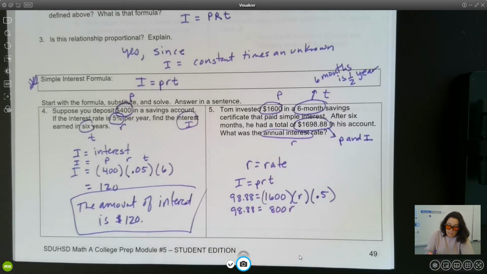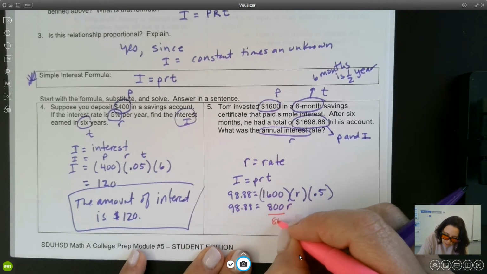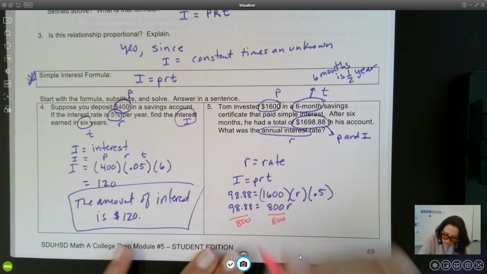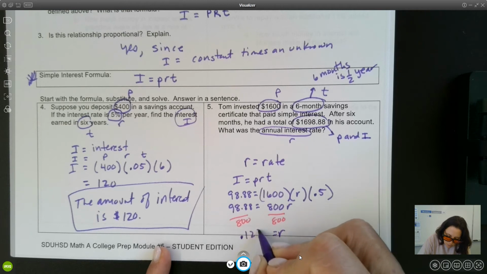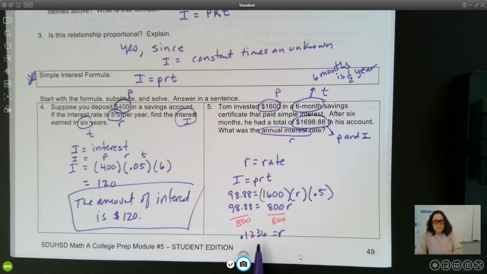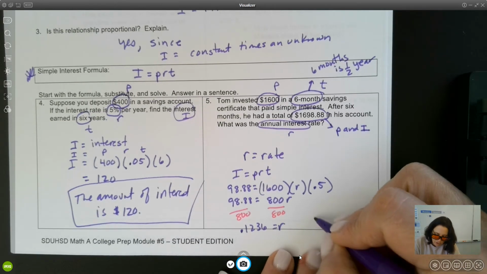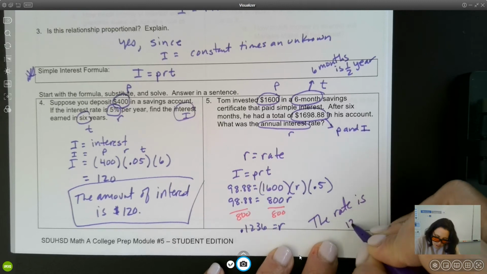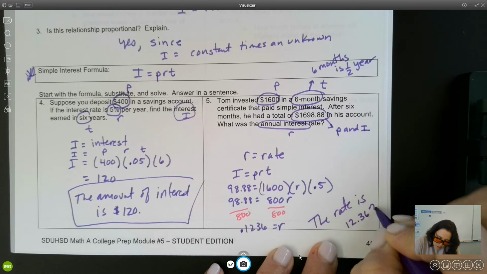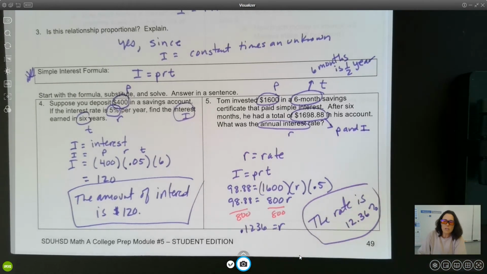And then I divide by the 800 to get the R by itself. 0.1236. Okay, so that's the rate as a decimal, but we want to give it as a percent for the answer. The rate is 12.36%. Okay, and usually rates are ugly like that.